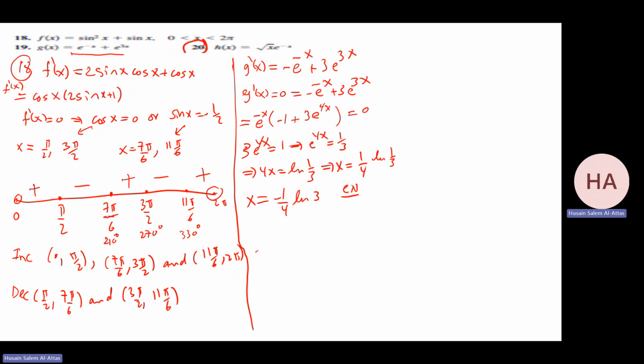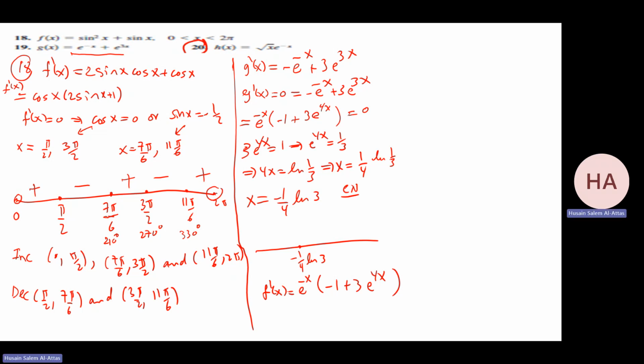So we'll plug this in. I have minus 1 over 4 ln 3. That's it. This is what I have. I want to check this function. Notice f prime. Let me write f prime in front of me. So I have e to the minus x times minus 1 plus 3 e to the 4x.